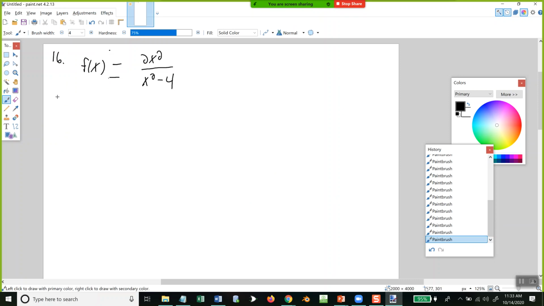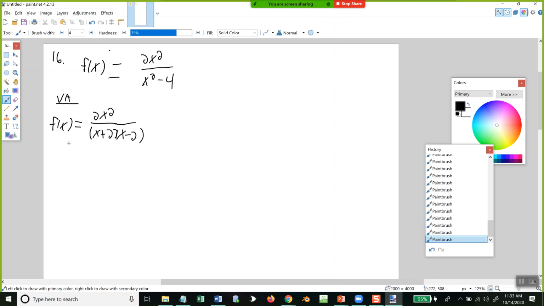Well, the vertical asymptotes, remember our first step was factor the top, factor the bottom. Bottom part factors as x plus 2, x minus 2. Top part doesn't factor. Second step in finding a vertical asymptote is I'd cancel, if possible.